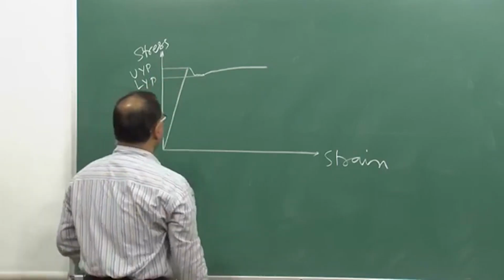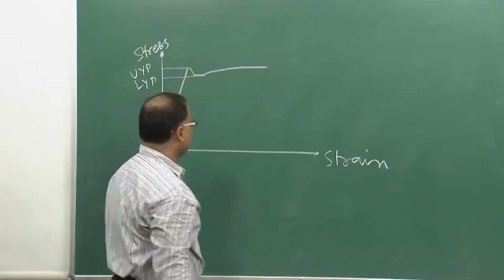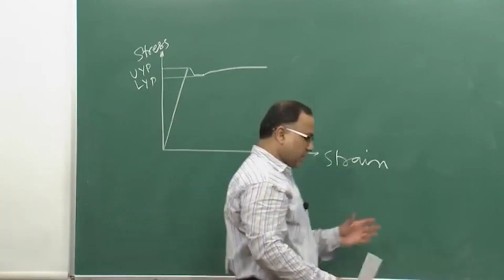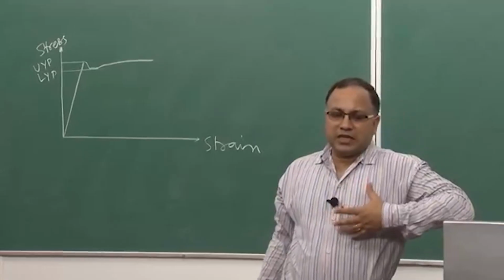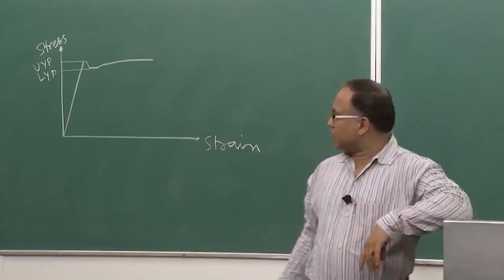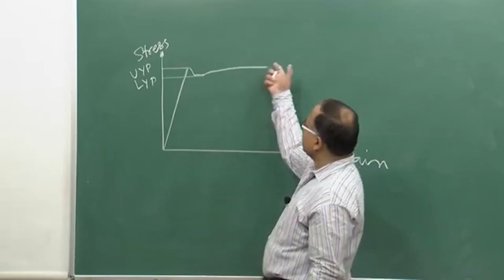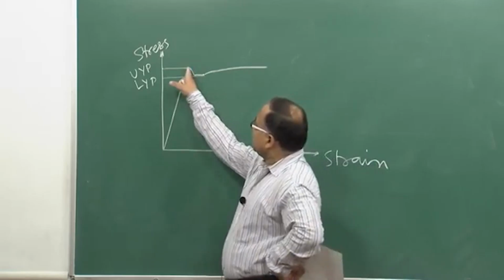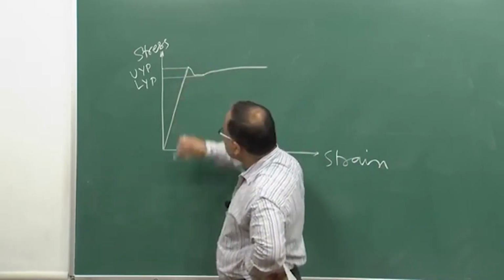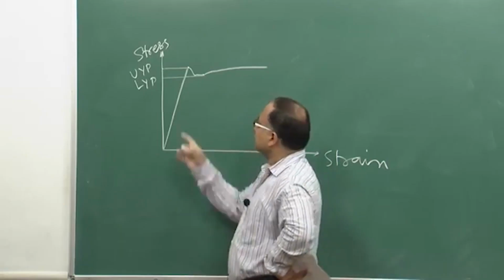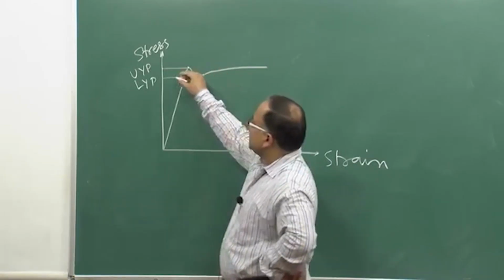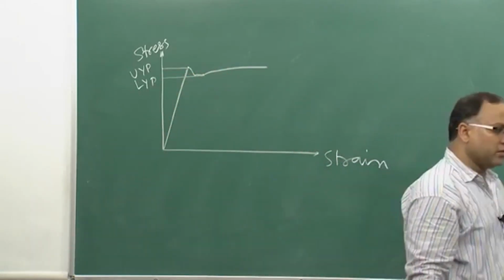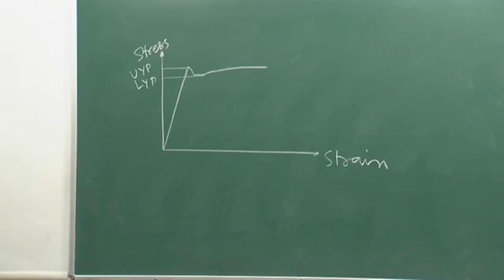This is your stress strain behavior. Initially it will be proportional, and then at a certain point you will get the termination of your elastic deformation, and then plastic deformation initiates. So, this is completely the plastic deformation. At this point your plastic deformation first begins. This is your upper yield point, and then subsequently you are getting the yielding at a lower level of stress. That is known as the lower yield point. So, these are a few definitions.